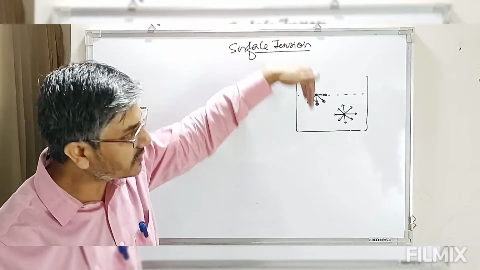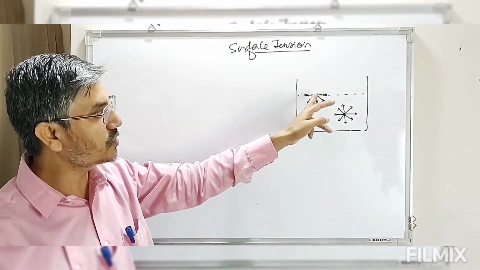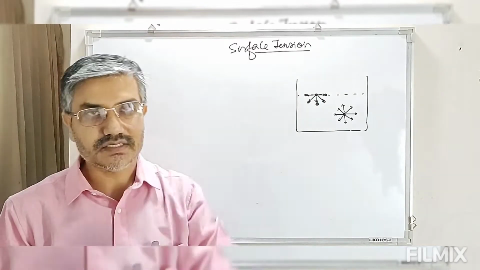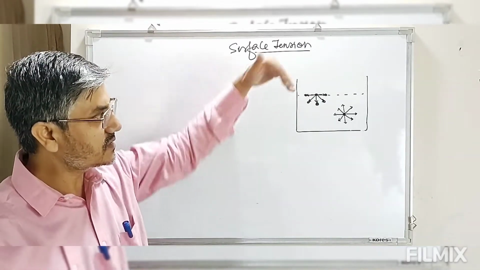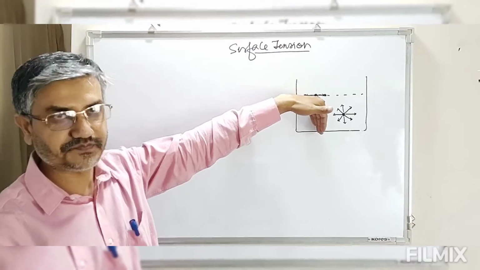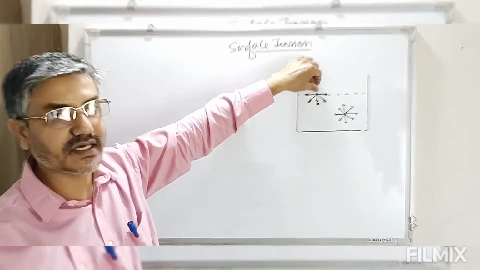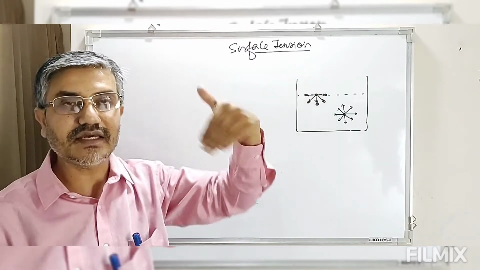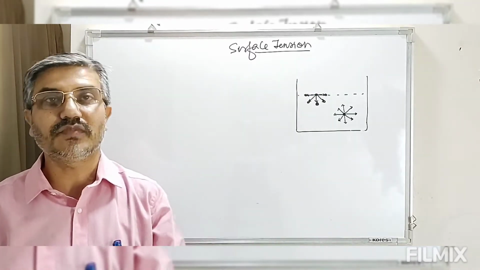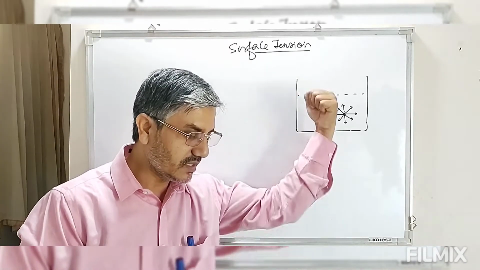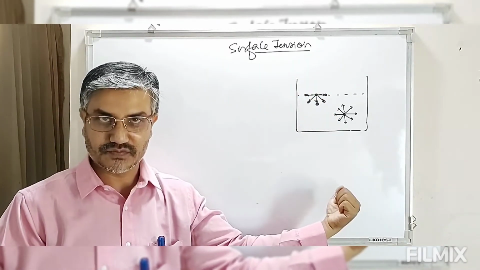Because of this net downward force, these molecules will try to assume a shape having minimum surface area. Because of this net downward force, the molecules present at the surface are in a highly tense state, because each molecule is experiencing a net downward force.